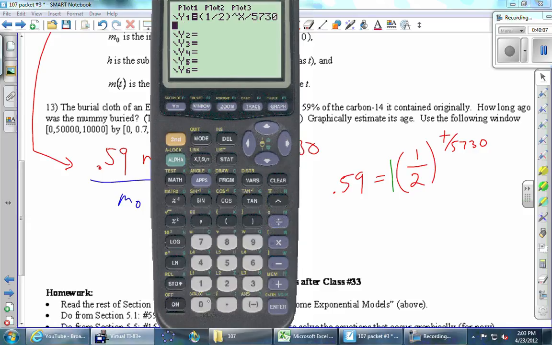I don't have t, we have x. Matt wonders if we need parentheses. Do we need parentheses? Does the calculator know that whole thing is an exponent? Nope. Parentheses there. What's the second thing we're going to graph? 0.59, the left-hand side.